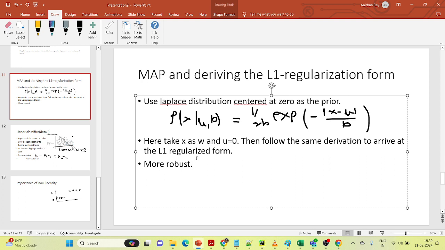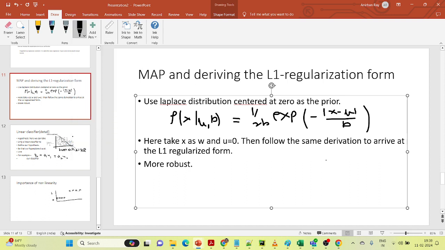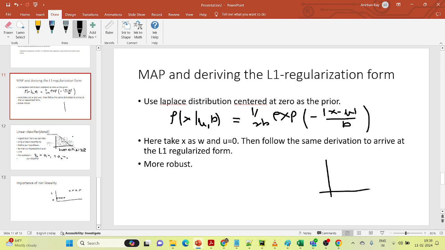Another thing which is not in this: using the Laplace distribution, you can get a regression in which, if there are outliers, suppose it can happen that an erroneous measurement has been taken, suppose a point is here.